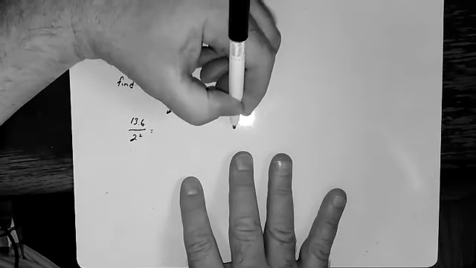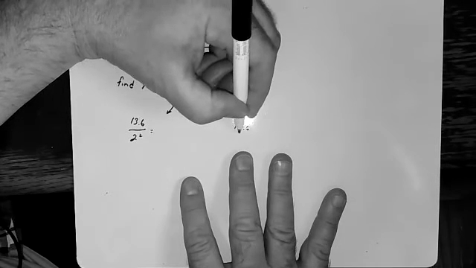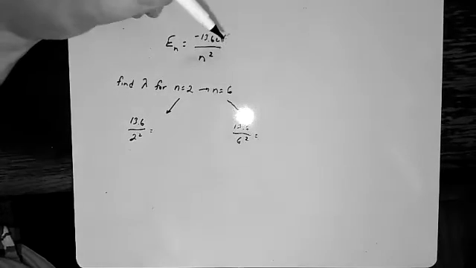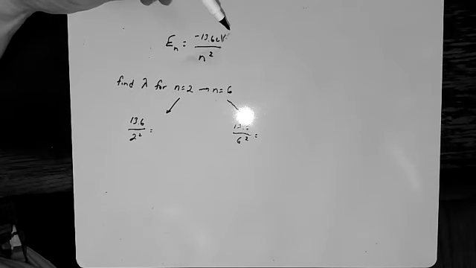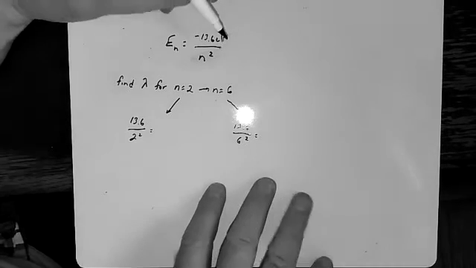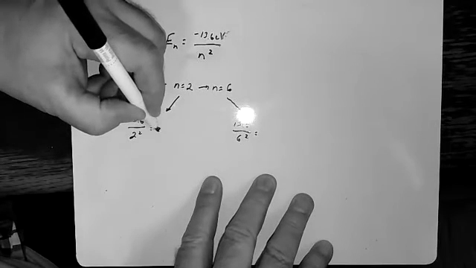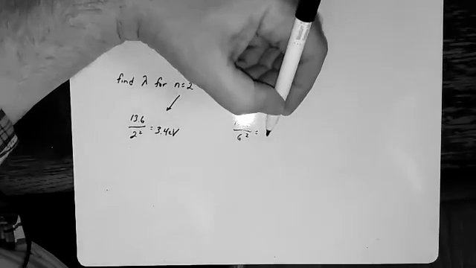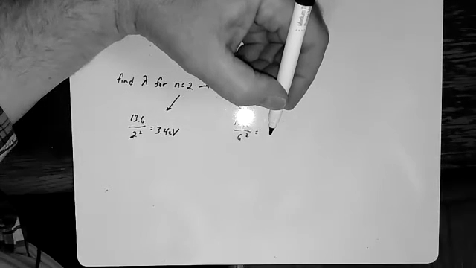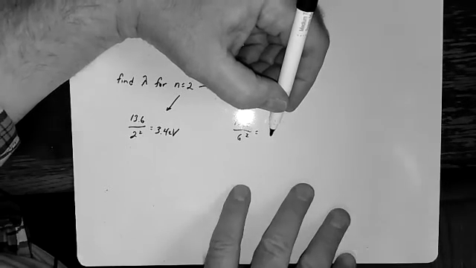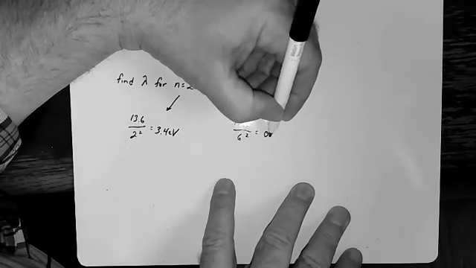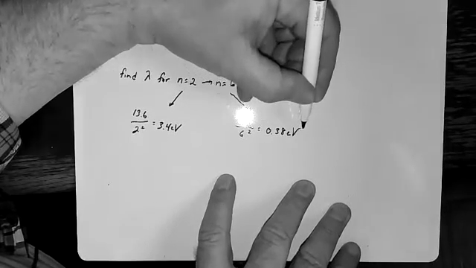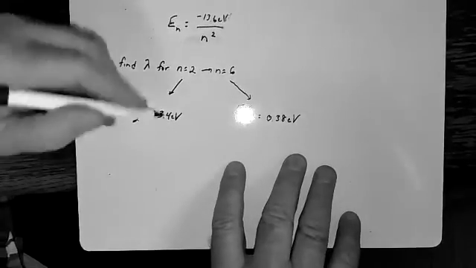And then we do 13.6 over 6 squared. Okay, so this is 3.4 electron volts. And this is only 0.38 electron volts. So we take the difference between the two.